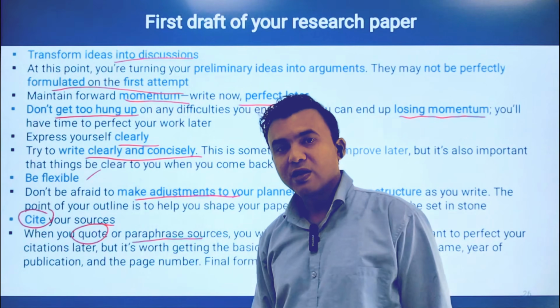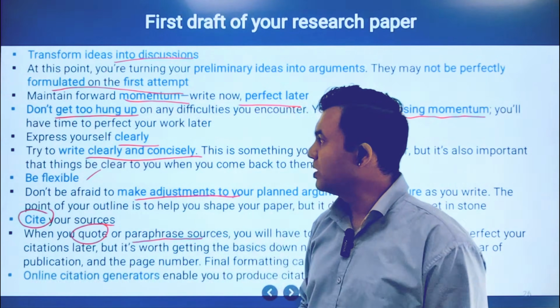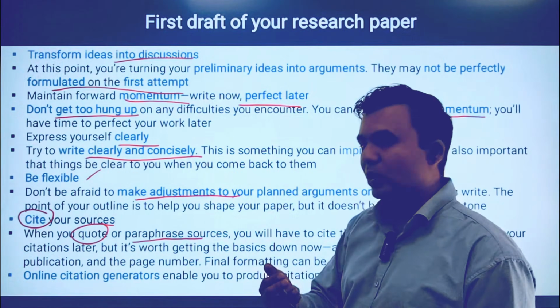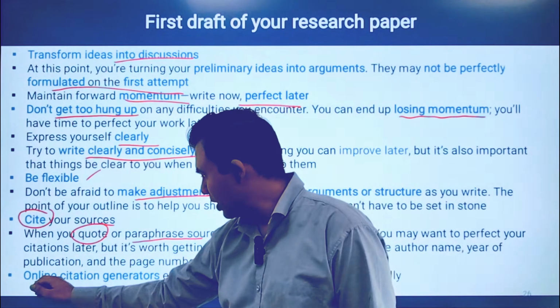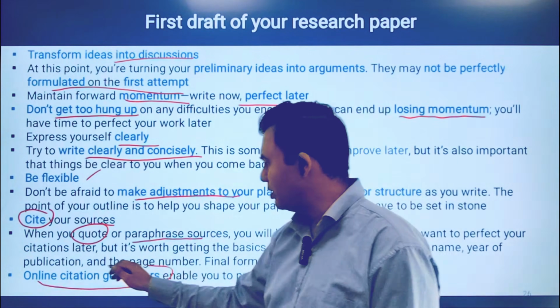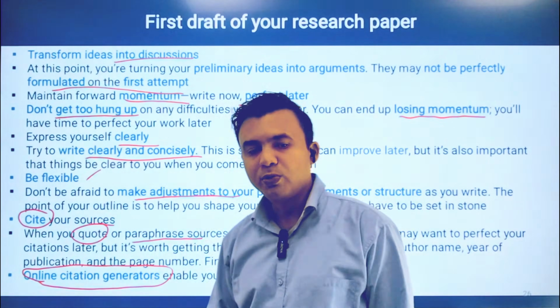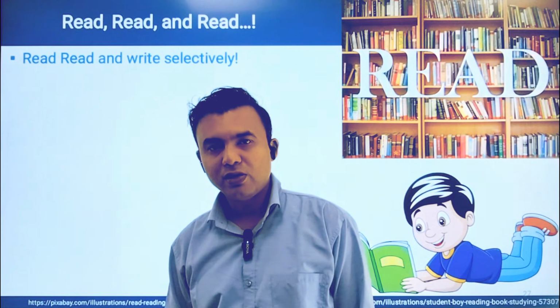Create the list exactly as per the format which has been asked by the journal or publisher you are targeting. Online citation generators are available. You can use them to produce the list of your references.